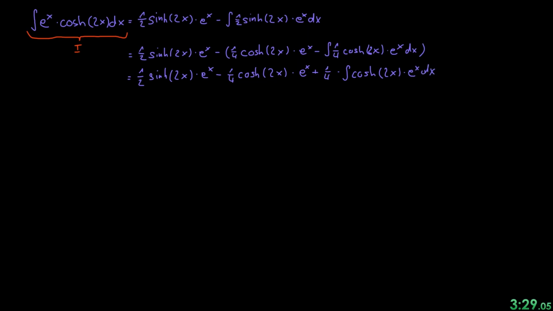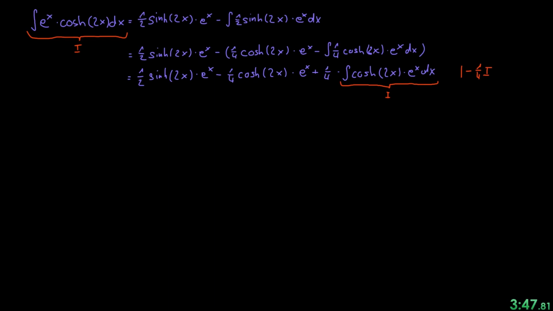So what I can see now is that this part here, well, this is just our I again. So what I'm going to do is subtract 1 over 4 I on both sides.